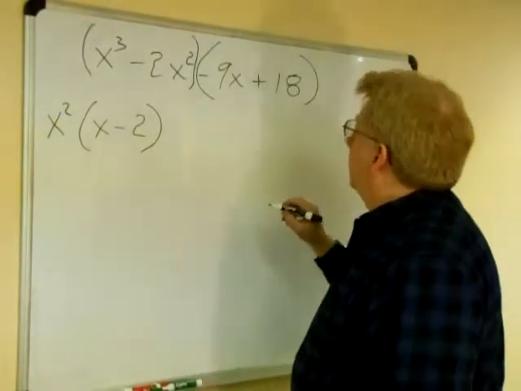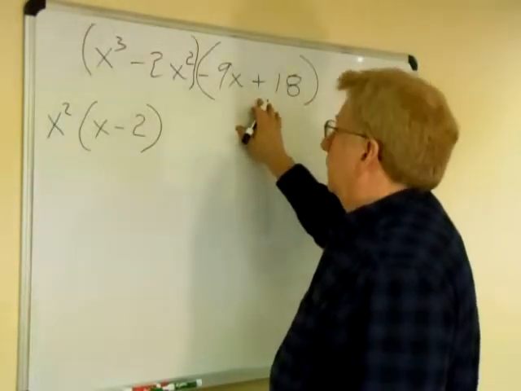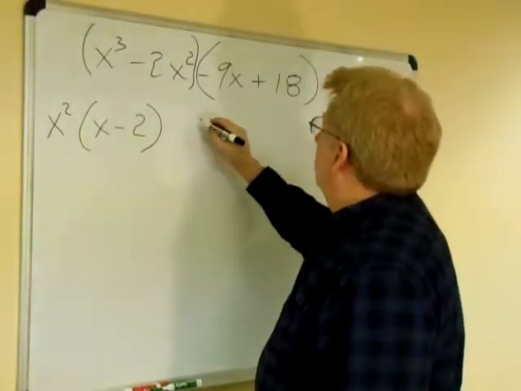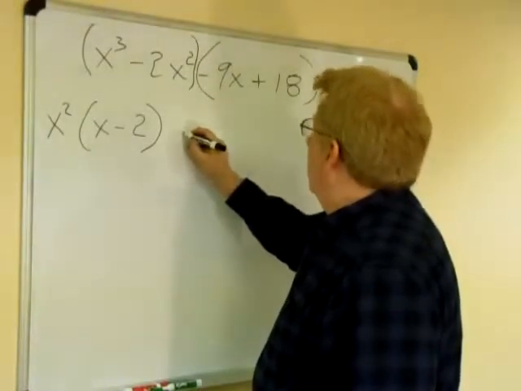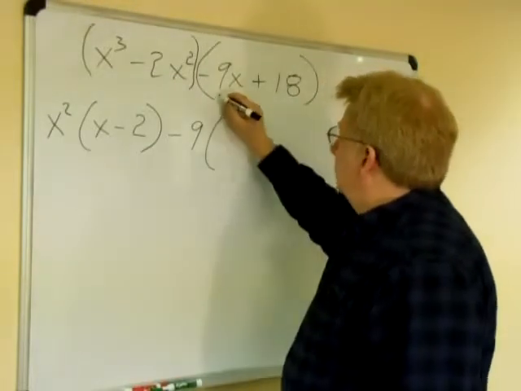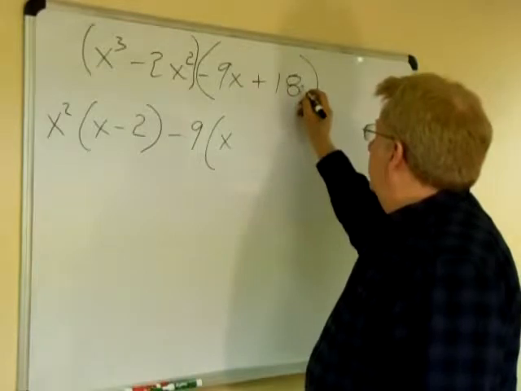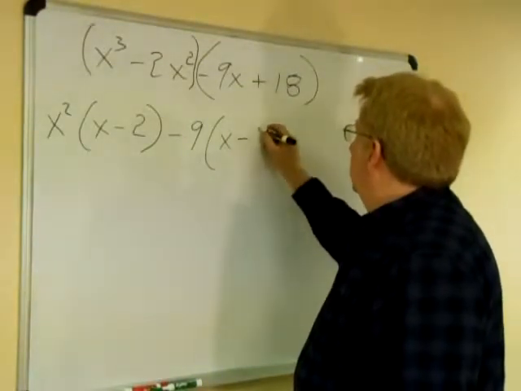Alright, now, what can we take out over here? Well, if I take a minus 9 out, minus 9 into this first term leaves me with an x. Minus 9 into the second term leaves me with a minus 2.